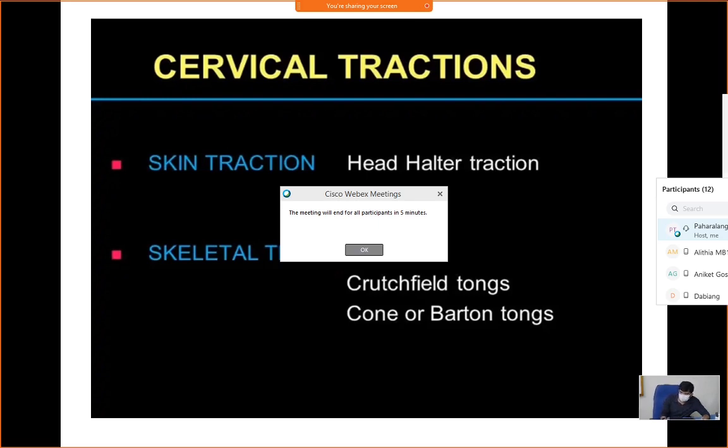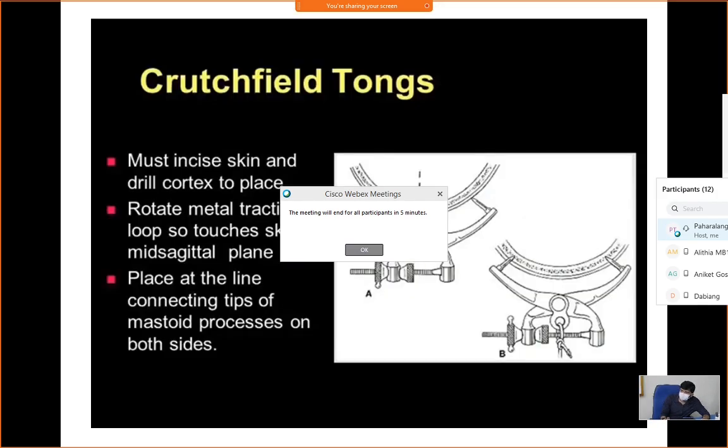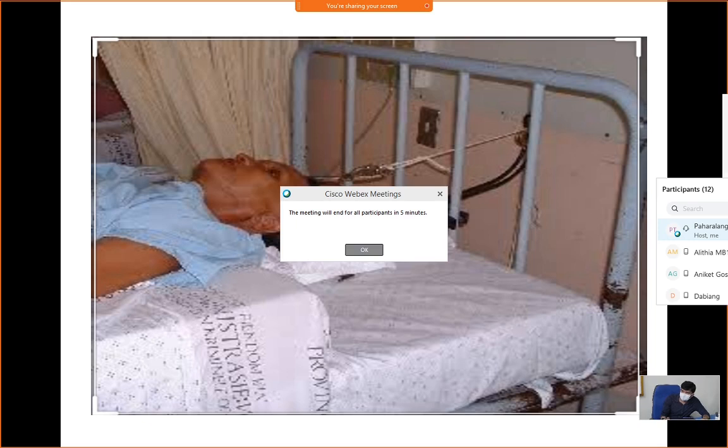Both are the same, the shape is different. This is a clinical photograph of using Crutchfield tongs for giving cervical traction. This is used in cervical spine injury, any cervical vertebral fracture or tuberculosis of the cervical spine, or cervical radiculopathy due to nerve root compression.